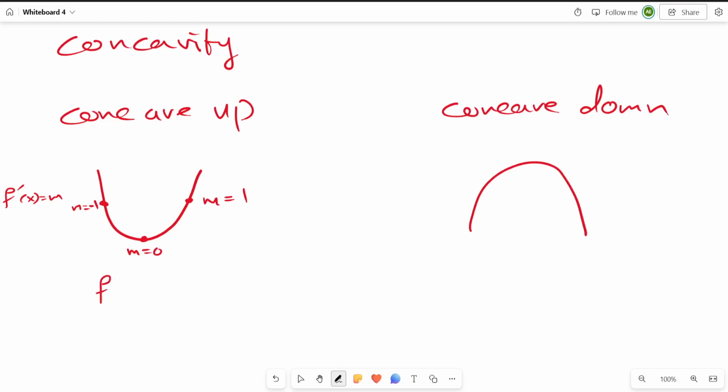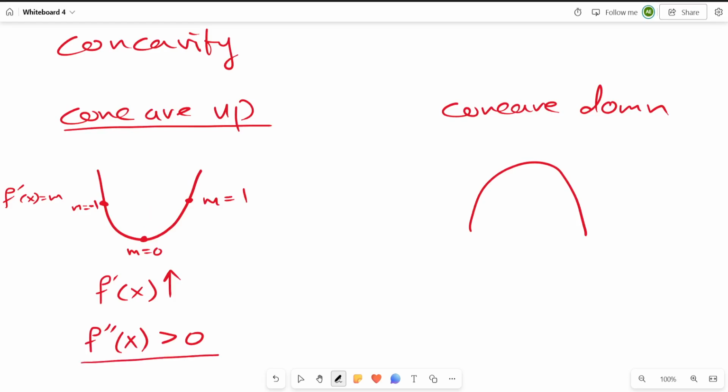That means that f dash of x is increasing. And since f dash of x is increasing, the differentiation of that, which is f double dash of x, must be positive. So what I want you to know is that for a concave up function or a concave up interval, the second derivative of x is positive.